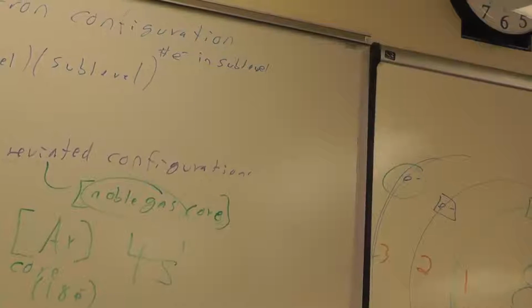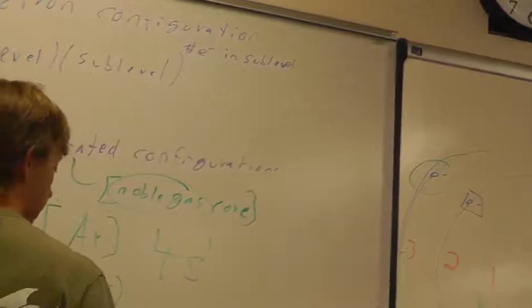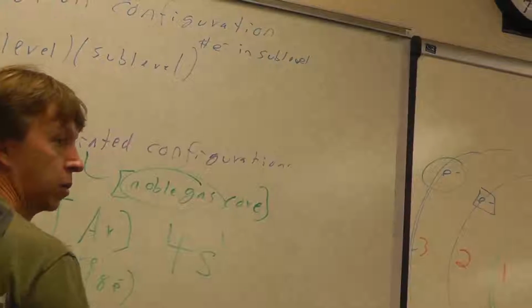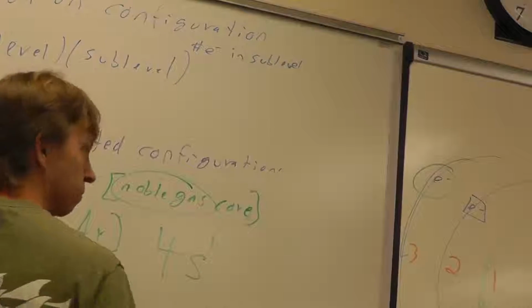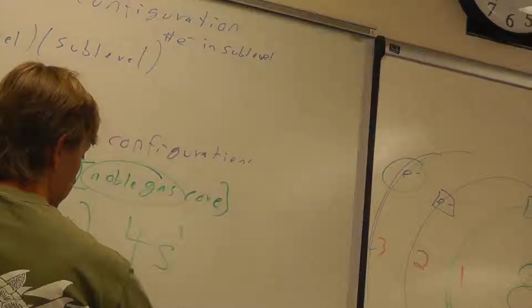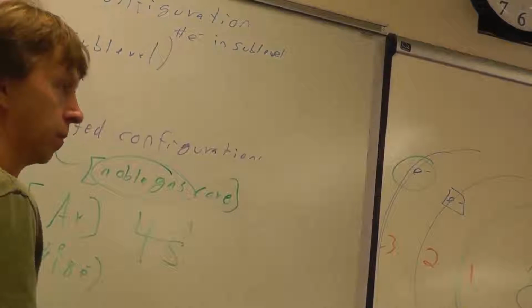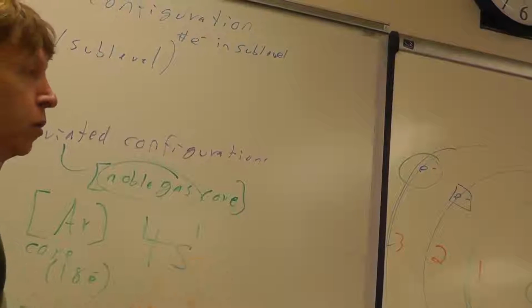Where are the 19th and 20th? 4s. 21 through 30. 3d. 31, 32, 33. And that's a whole lot shorter than what we have been doing.